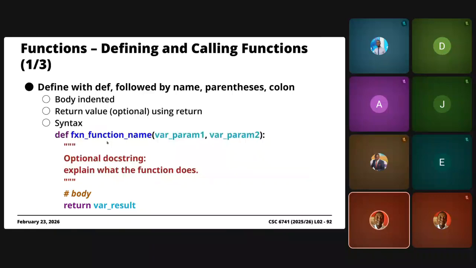So the syntax is simple. You begin a function by specifying the def keyword, space, and then you specify the name of the function. You are the one who has got to specify the name of the function. It can be any name as long as it conforms to those rules for creating identifiers, if you remember.